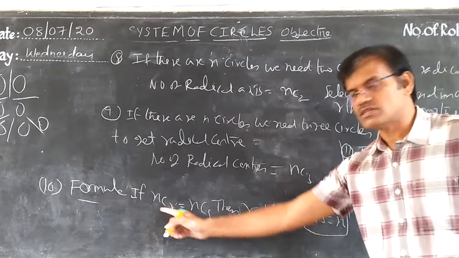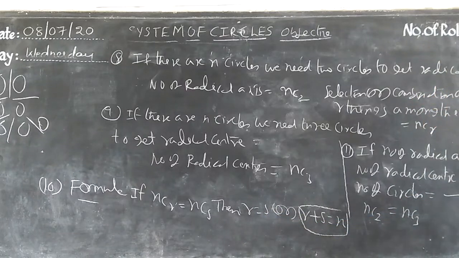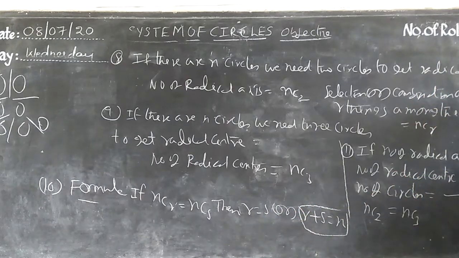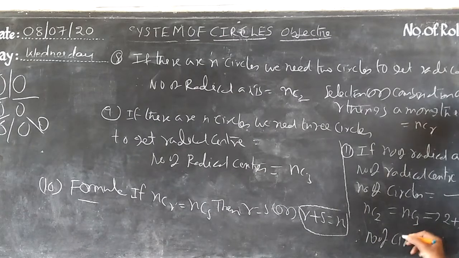Here use the formula: if nCr equals nCs, r equals s, or r plus s equals n. Here r equals s means 2 equals 3, which is absolutely wrong. So according to that formula, 2 plus 3 equals 5, so n equals 5. Therefore the number of circles n is equal to 5.